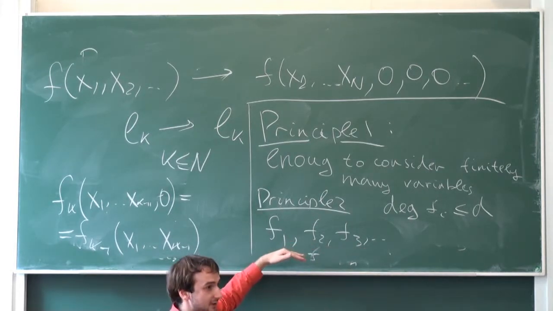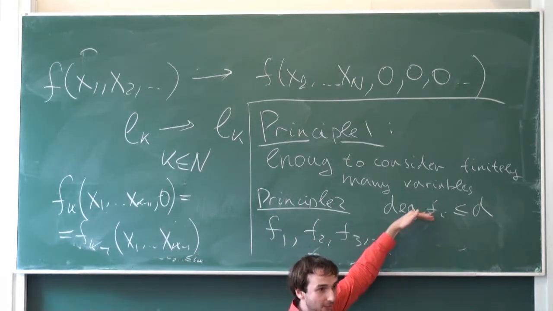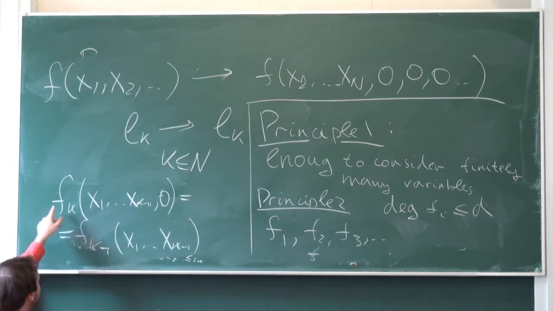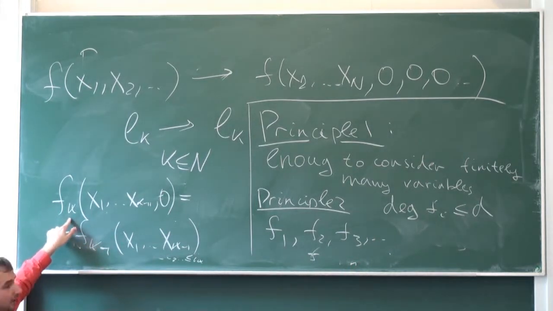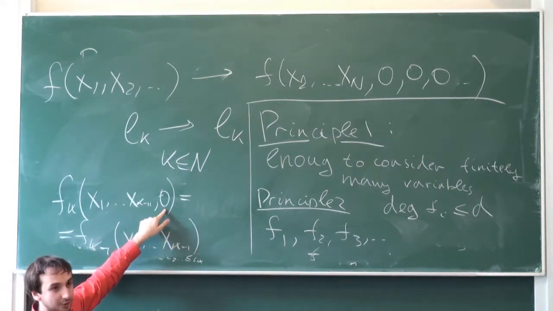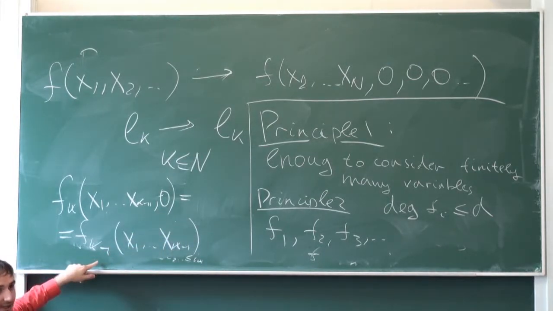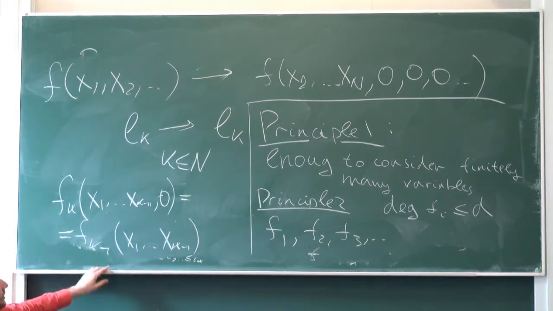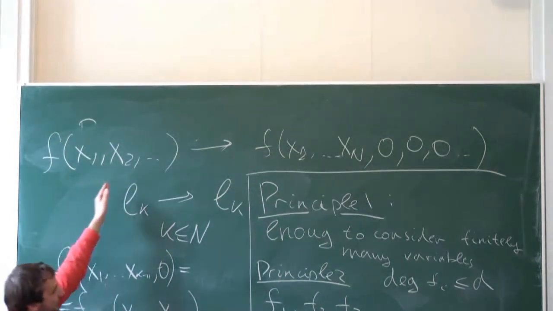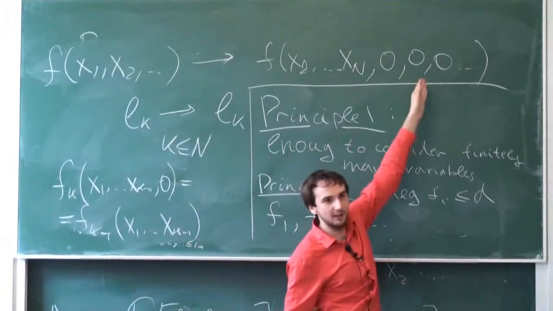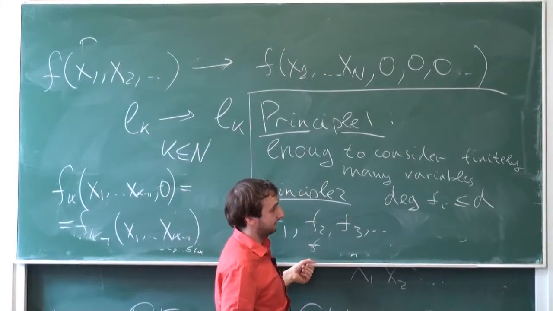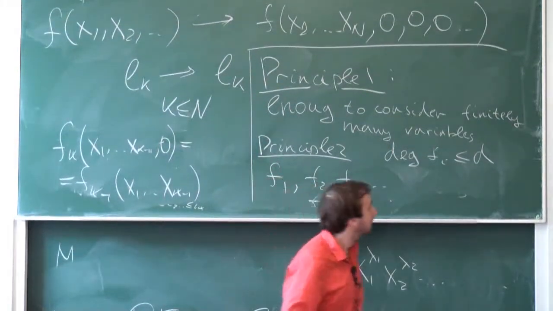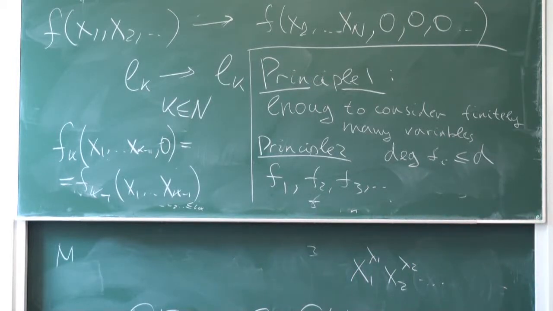And this sequence satisfies two properties. First, degrees are bounded, and second, when you take the kth polynomial and specialize the last variable to 0, you should get the (k-1)th polynomial. So these polynomials are just obtained by putting zeros for all variables except a finite collection. Okay, so now we come to Schur polynomials.